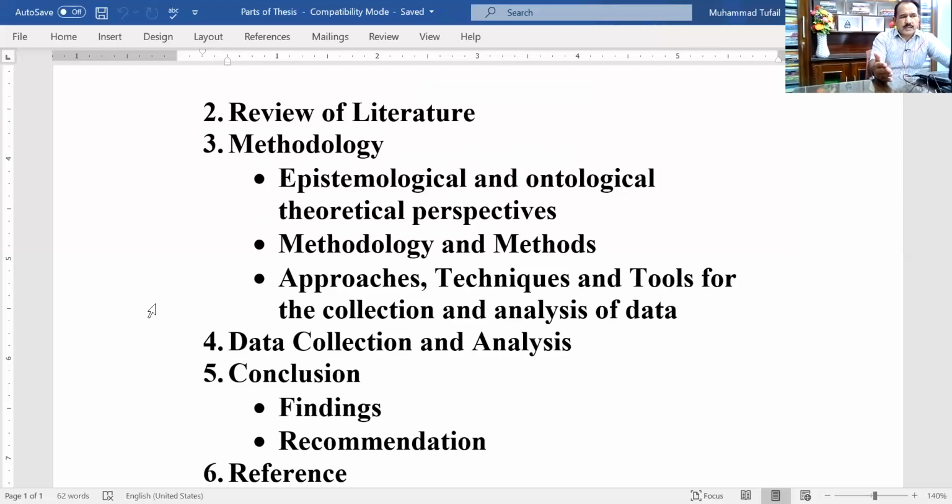How to conduct a review of literature is an independent topic, and we will discuss this in an independent lecture. Here, I simply give you a brief understanding of a review of literature, that it is conducted in order to know what type of work has already been done on that particular field you have undertaken for a study.